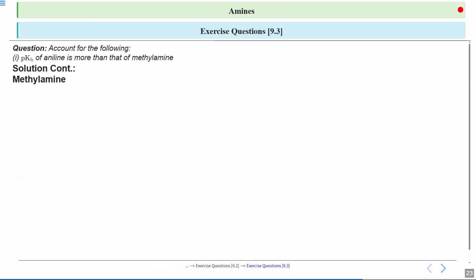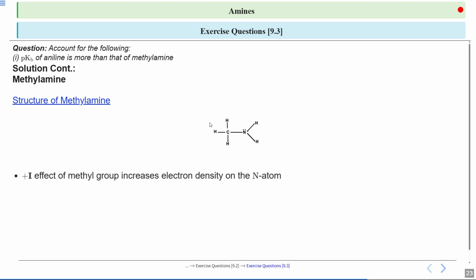Now moving on further, if we talk about methylamine, this is the structure of methylamine. To this nitrogen, 2 hydrogens and 1 methyl group are attached. The plus I effect of the methyl group increases the electron density on this nitrogen atom, which enhances its nucleophilicity as well as its basicity.